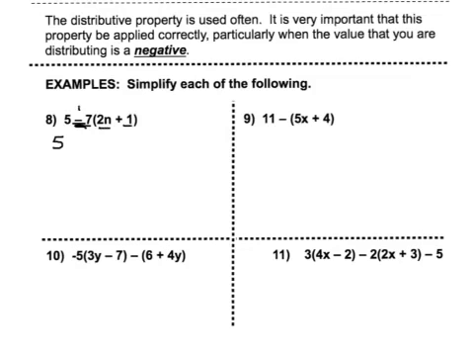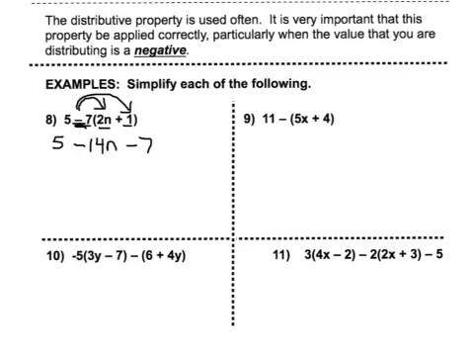So I'm going to take a negative 7 and multiply it times 2n. So negative 7 times 2 is negative 14, and I just include the n. Then I'm going to take the negative 7 and multiply it times the 1. A negative 7 times a positive 1 makes a negative 7.